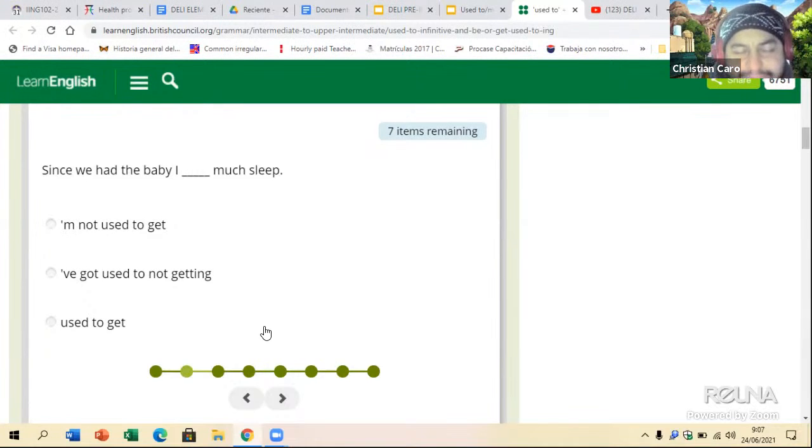Yeah, actually, I didn't used to sleep a lot when I was raising my baby. I definitely think it's not number 3.